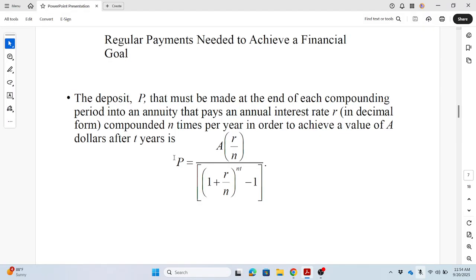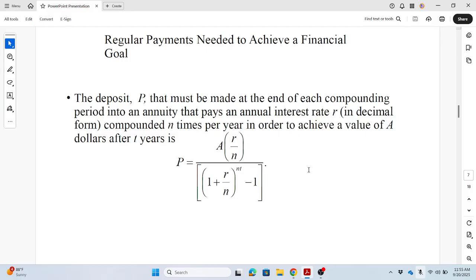If you want to find out how much you need to pay n times a year, maybe monthly, weekly, or daily, depending on your situation, this is the formula. P gives you the amount you need to deposit every month, week, or day, and A is the amount you need at the end of the T years.